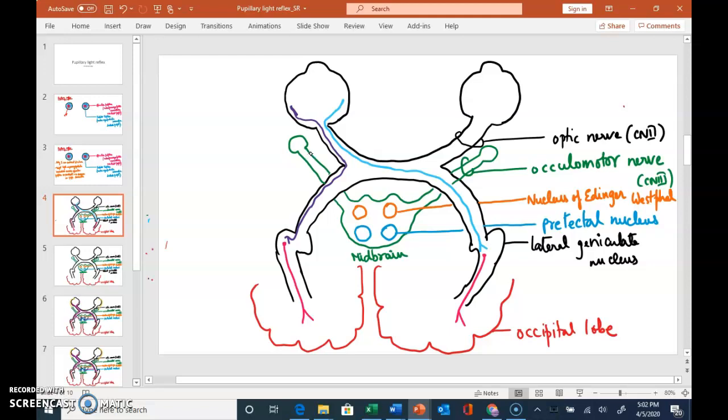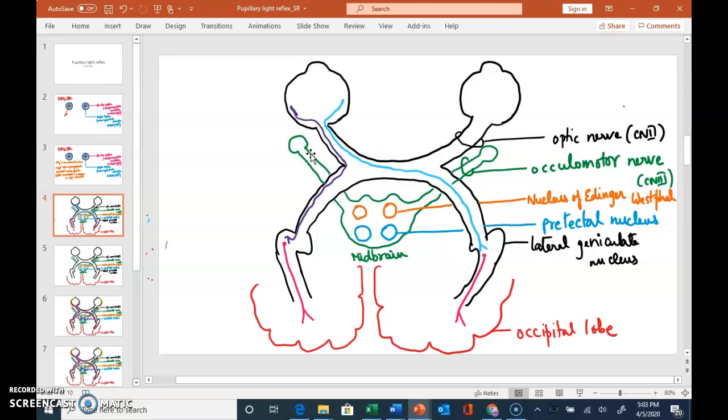Okay, so what do we see here? We see that from the left eyeball, there are neurons in purple that carry visual information to the lateral geniculate nucleus, and these neurons then synapse with other neurons drawn in pink here, which carry the visual information to the occipital lobe.